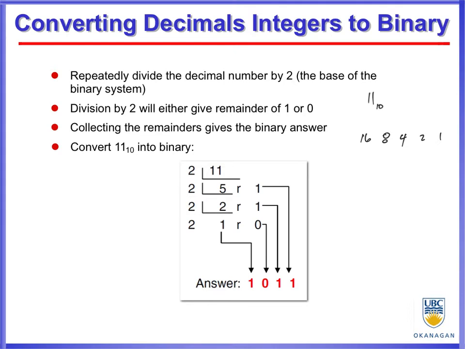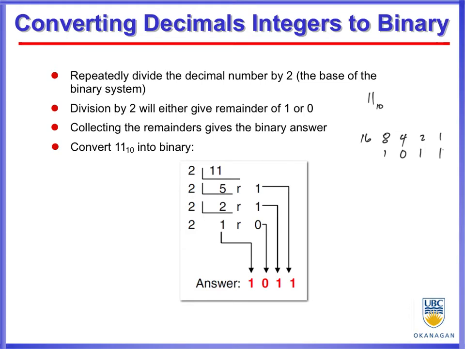That's obviously 8, so I put a 1 there. 11 minus 8 gives me a remainder of 3. So 4 is too big, but 2 would work. And 3 minus 2 gives me 1, and then obviously I need the last one to get me down to a remainder of 0. That's the way I do it. It works relatively well for smaller numbers. Bigger numbers take a little bit longer, but that's the way I do it.